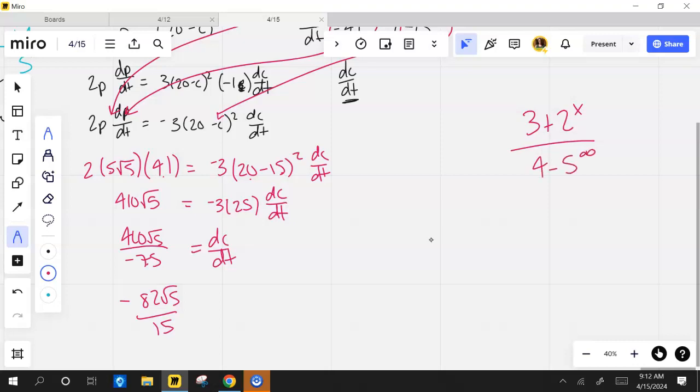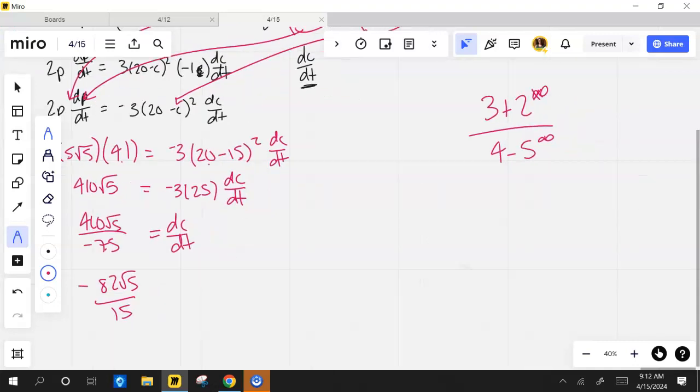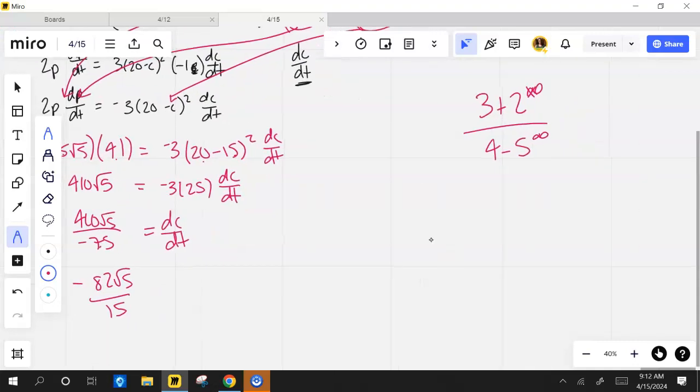I just plugged in infinity, not even caring which one was on top and which one was on bottom, because essentially I just canceled them out. It's pretty simple.